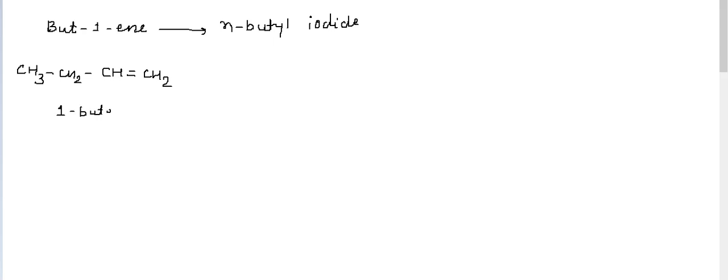You can write it in any way. Now we have to convert it into n-butyl iodide, meaning CH3CH2CH2CH2I. See, they have not written 2-iodobutane. They have specifically written n-butyl iodide. N-butyl iodide, what is the IUPAC name?